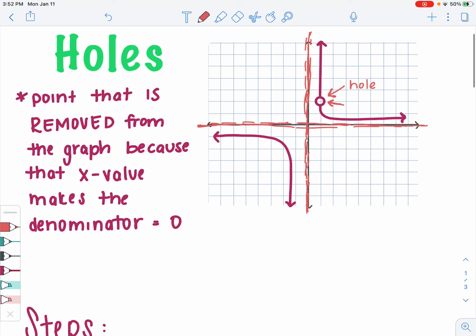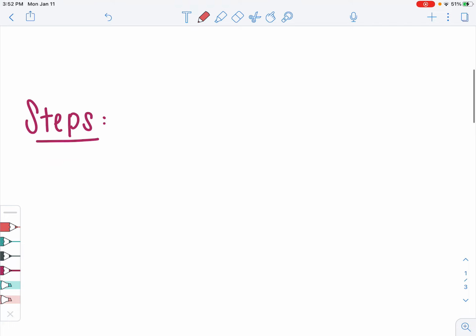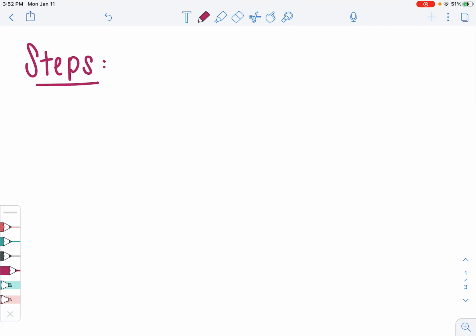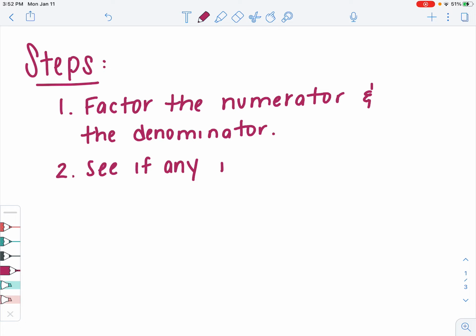So let's talk a little bit more about what you have to do in order to find a hole. Your steps for finding a hole: the first thing you're going to do is factor the numerator and the denominator. After you factor the numerator and the denominator, you want to see if any factors cancel out.